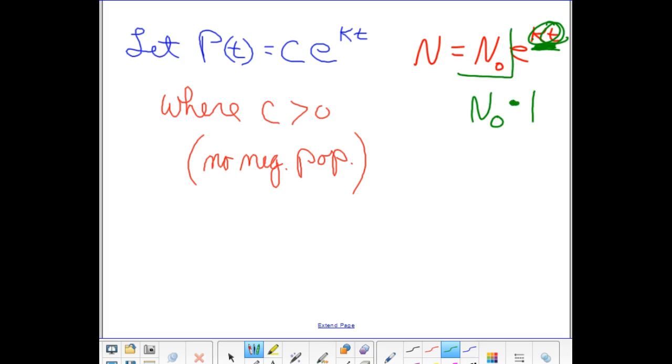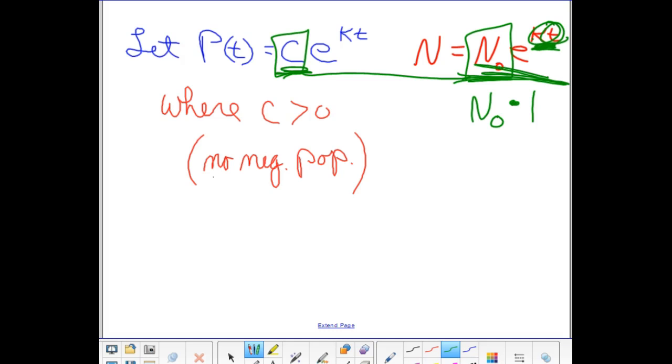And so this value, which could sometimes just be done as C, we did it last year as N sub 0 for the number at time 0, is the initial population at time 0, that constant down front.